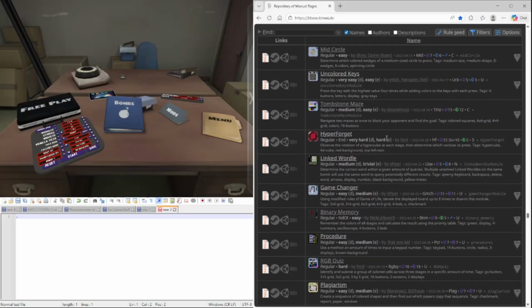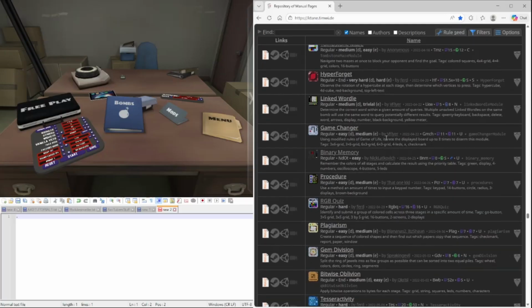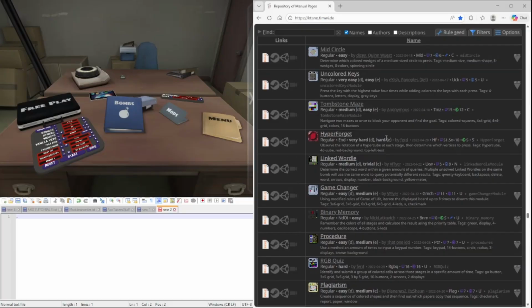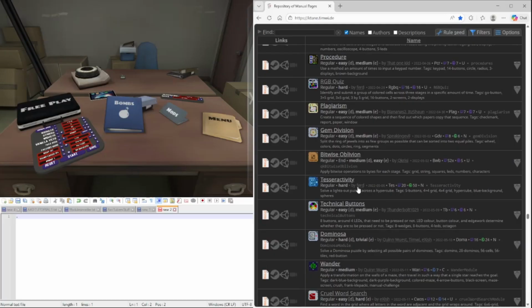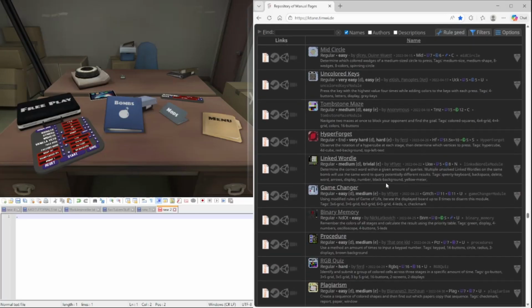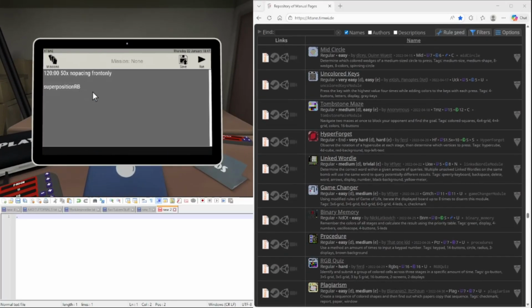So let's go with 1, 2, 3, 4, 5, 6, 7. Since I've learned it recently, I kind of want to stop at text activity and get to it, but we'll see how long these things take.